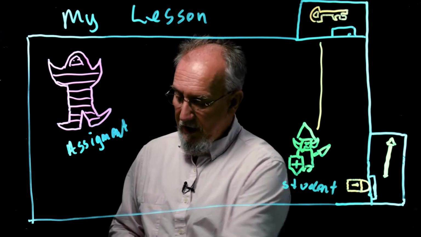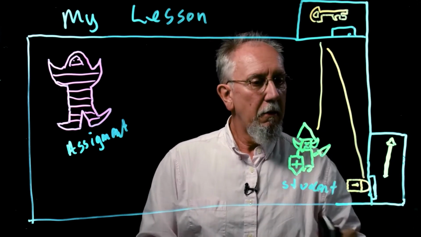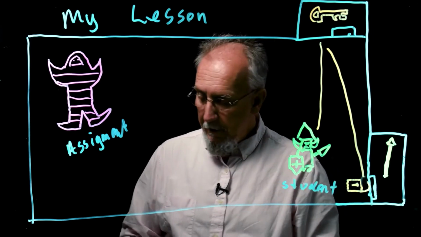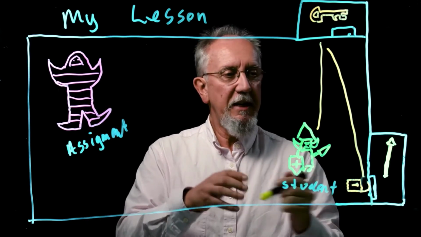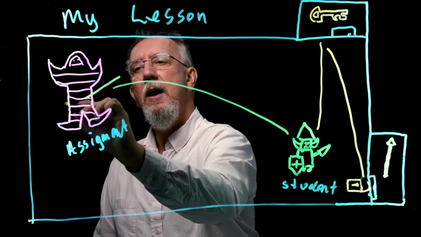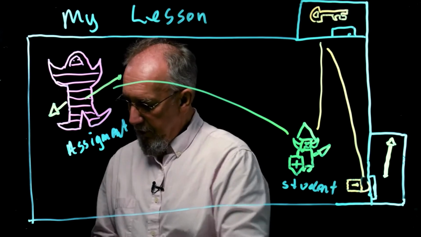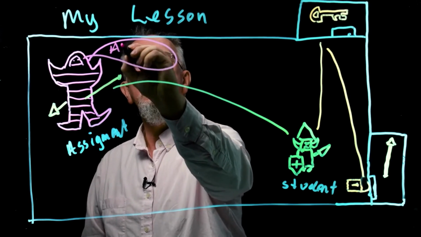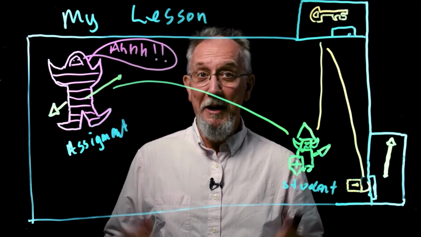Link goes up, gets the key, comes down here, unlocks the room here, and gets the weapon, which is the information that the student needs to complete the assignment or to do the test, and goes over here finally and applies the weapon to the monster, and sure enough, completes the assignment, defeating the beast to finish this lesson. So there you have it, my gamification example.